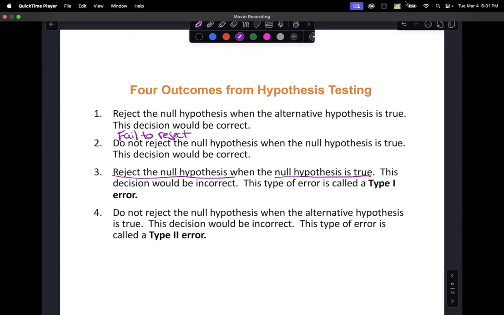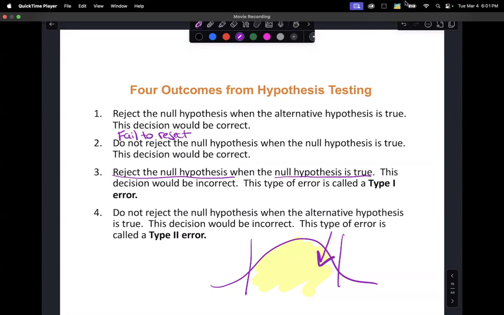Let's say I'm going to make a two-tailed test just because it's easy. So let's say this is my confidence interval, and I did all my math, which you guys are going to learn on Thursday, and my sample landed in here.